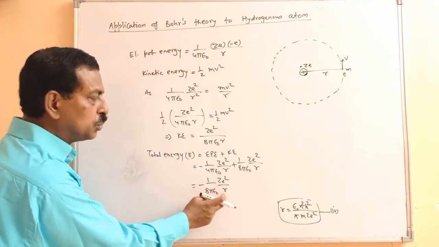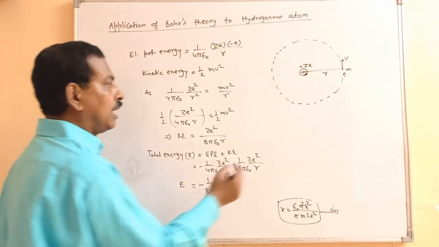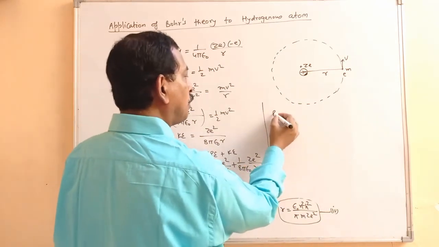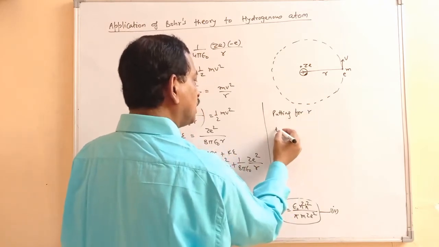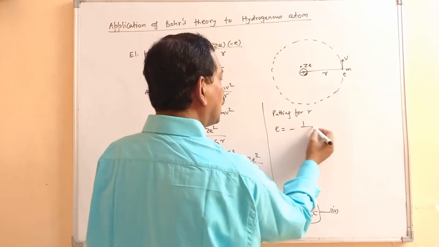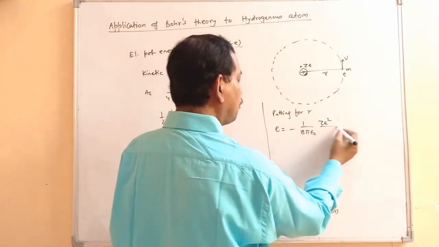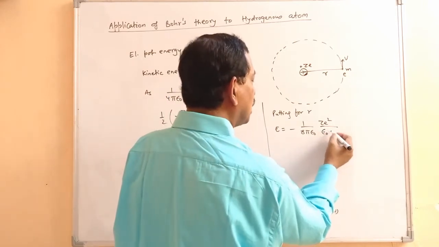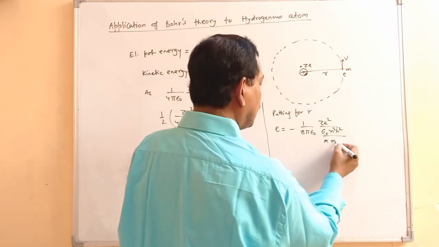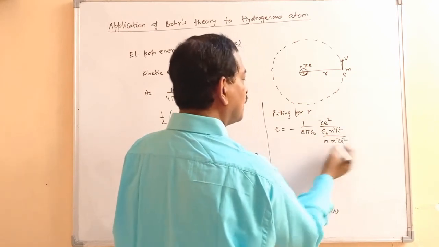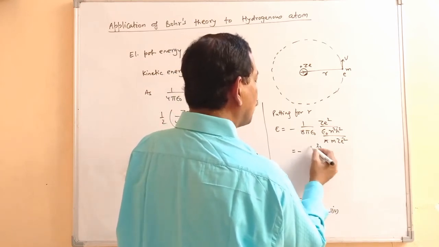Now we can substitute the expression for r here. So putting for r, E will be minus 1 by 8 pi epsilon naught Ze square, and for r we are putting epsilon naught n square h square by pi m Ze square. So this is your minus Ze square whole square.